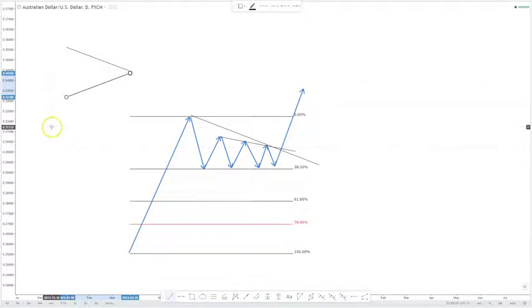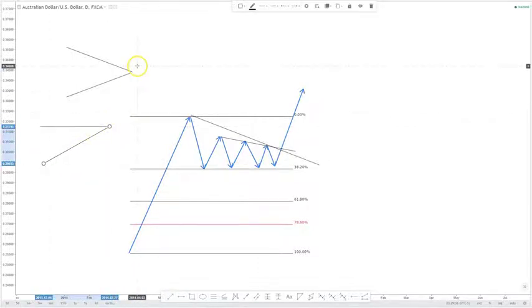Or you'll get, let's say, price will flatten out at the top for an uptrend, and then it'll make higher lows like this, and then you'll get a break to the upside. Okay, but these formations, these triangles, wedges, whatever you want to call them, most of these, when they form, it's usually near the 38.2 from what I've seen in the market.